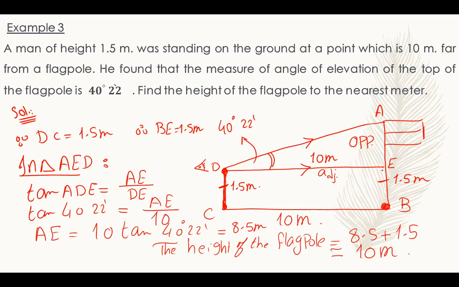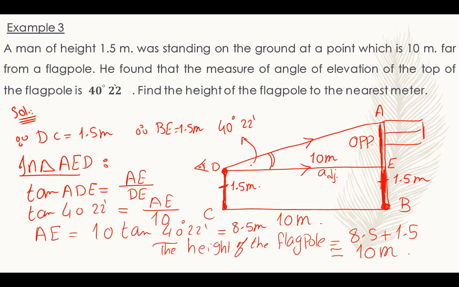First, we found the length of BE, and we know it because the height of the man is 1.5 meters. Then we have to find the length of AE, and we use the angle of elevation. We know that tan ADE equals AE, the opposite, over DE, the adjacent.